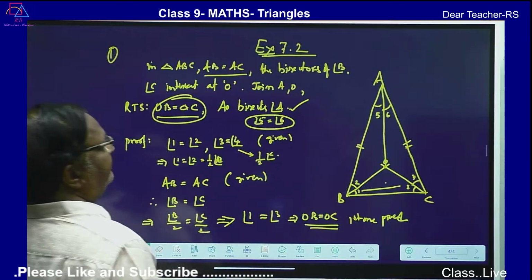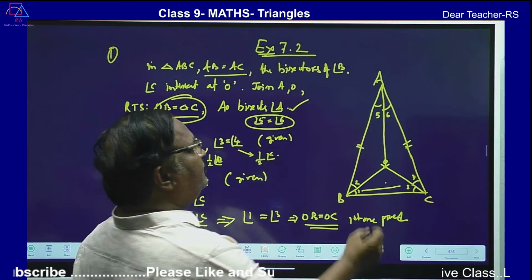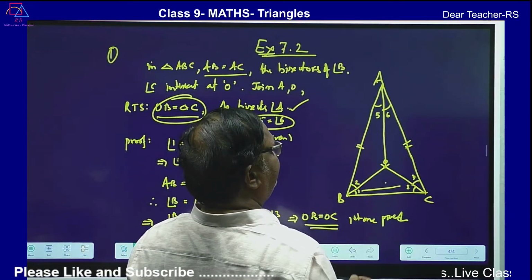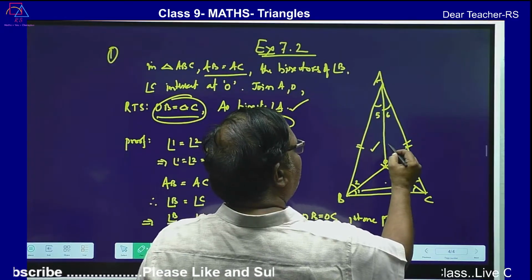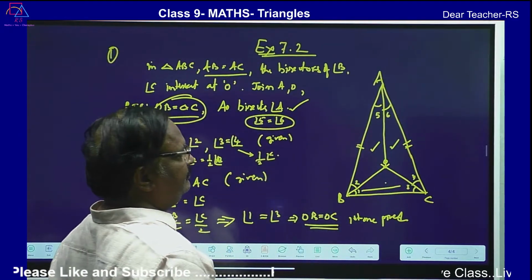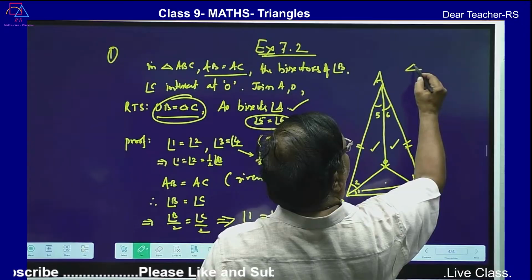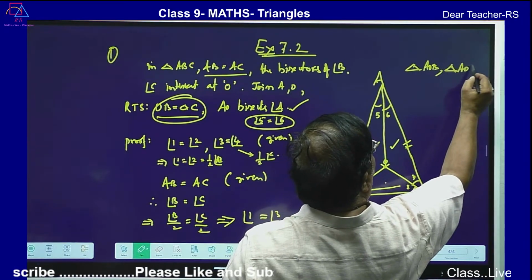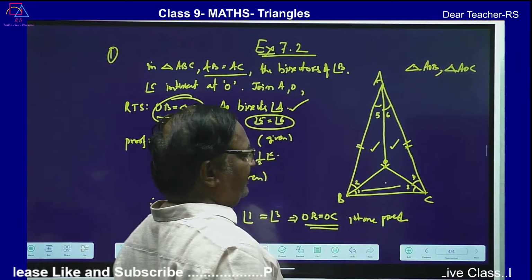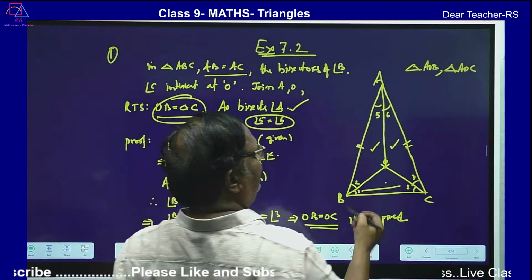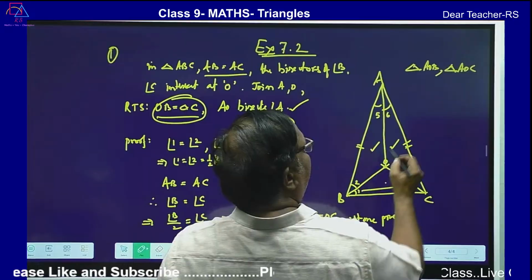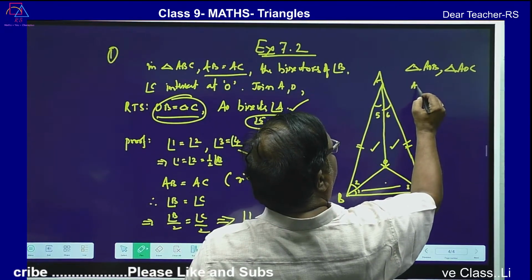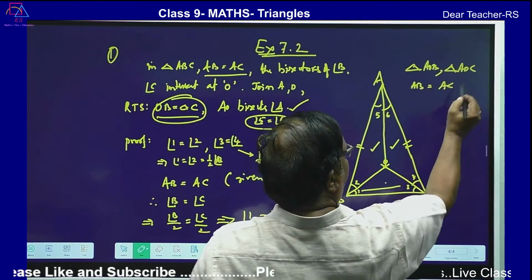Now, the second one. You have to prove that 5 is equal to 6. You have to take these two triangles, triangle AOB and triangle AOC. Check what angles are equal. AB is equal to AC, given.